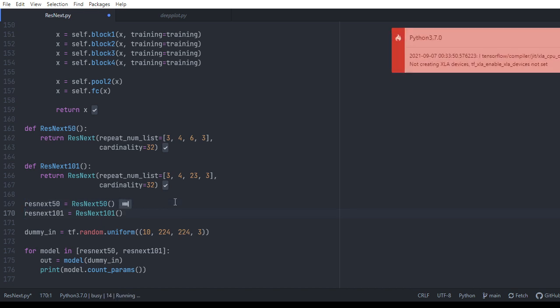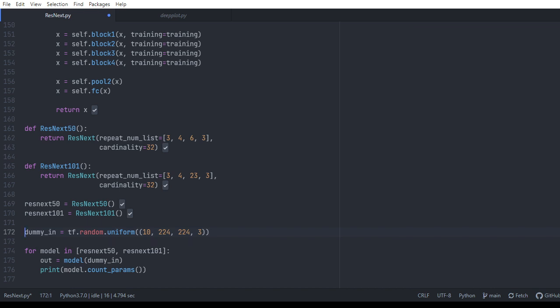So when we now create a dummy random uniform rank 4 tensor, we can pass it through so that we can build our model, after which we can see the number of parameters in each model, in this case the ResNext 50 and the ResNext 101.